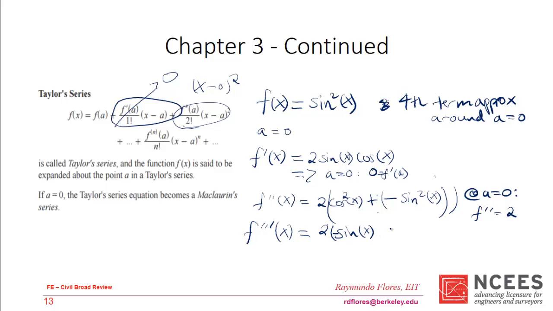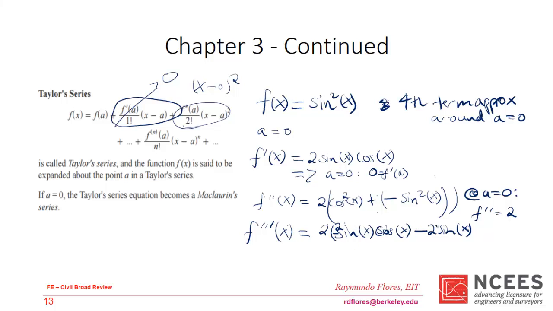We have minus sine of cosine of x, and in this case it would also be times 2. Don't forget the 2 for this one. It's poorly written. Sorry about that.